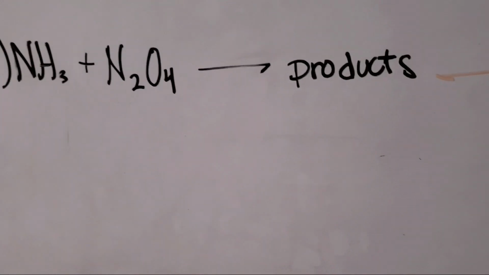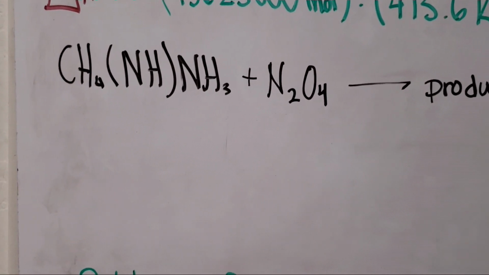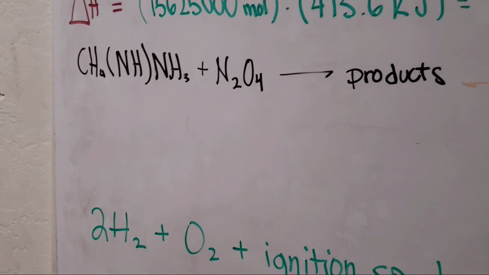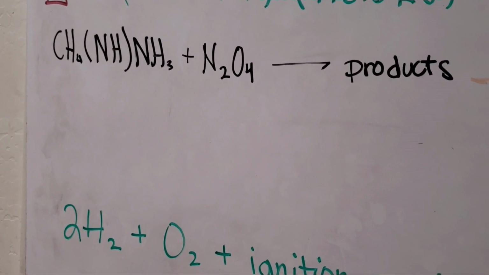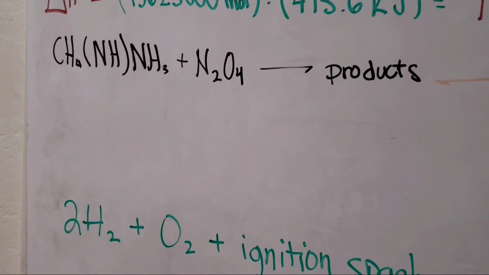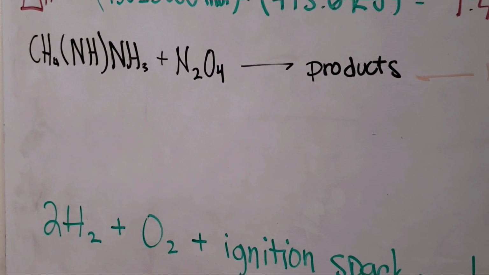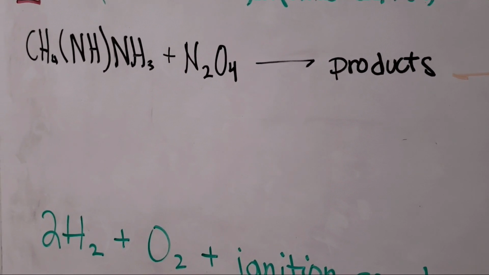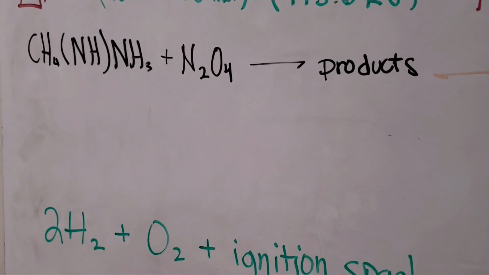That yields products. I'm not going to go into balancing the chemical equation. This is not chemistry. But as you can see, this is going to be an example of a hypergolic reaction. Rocket engine designs with this type of system are much simpler, simply as you can imagine, because they don't require a spark, and you can control the flow of these chemicals with two flow control valves, and that just kind of simplifies everything greatly for the rocket designers.